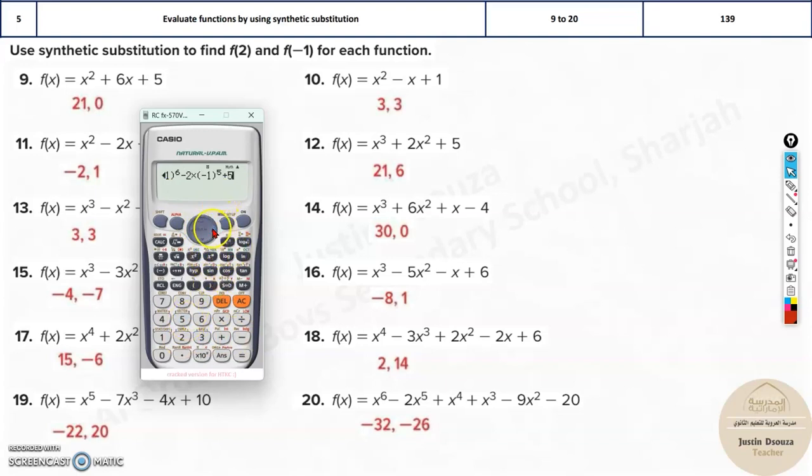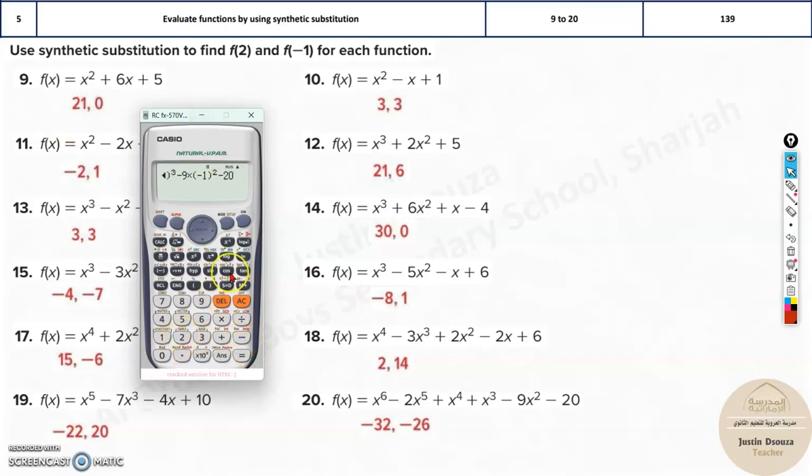And then we have x to the power 4, that is minus 1 to the power 4, plus again minus 1 to the power 3, minus 9 times x to the power 2, that is minus 1 to the power 2, and lastly we have negative 20.